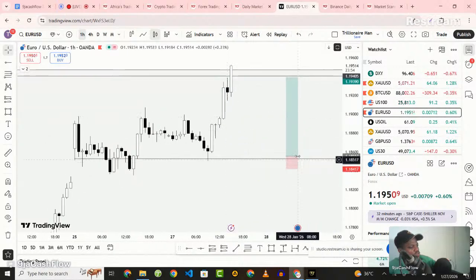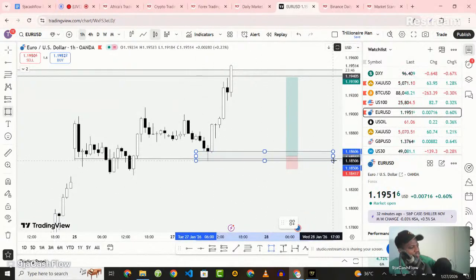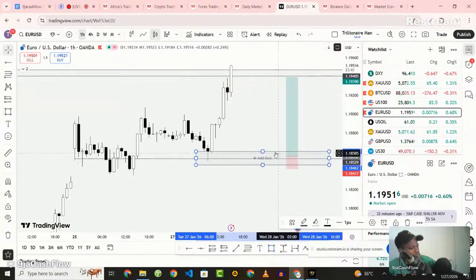This would have been a good buy opportunity, but it's not coming to this area. And we're not going to chase the price. If it doesn't come here, no entry for us on euro.